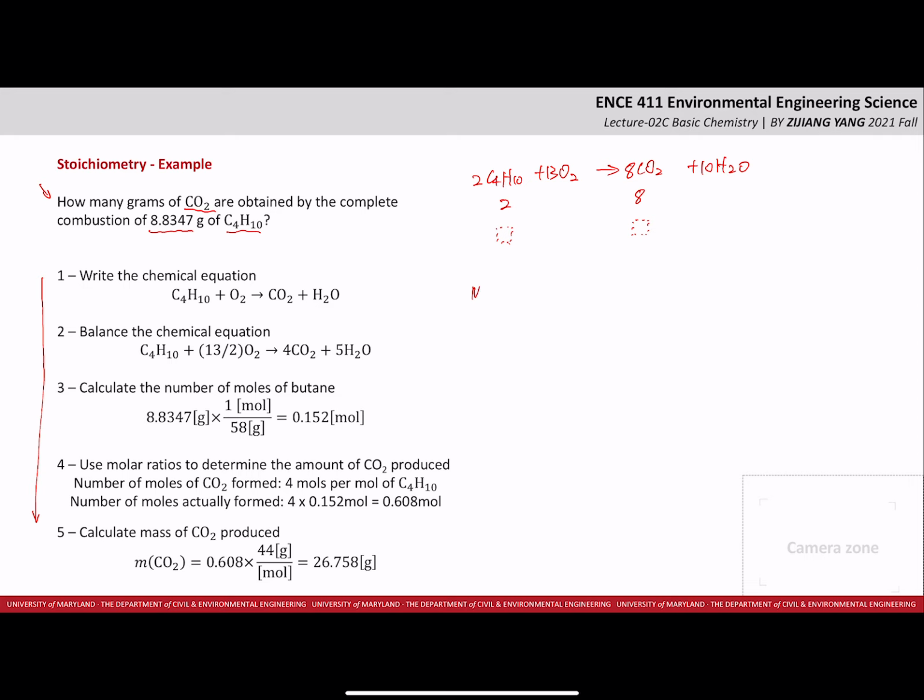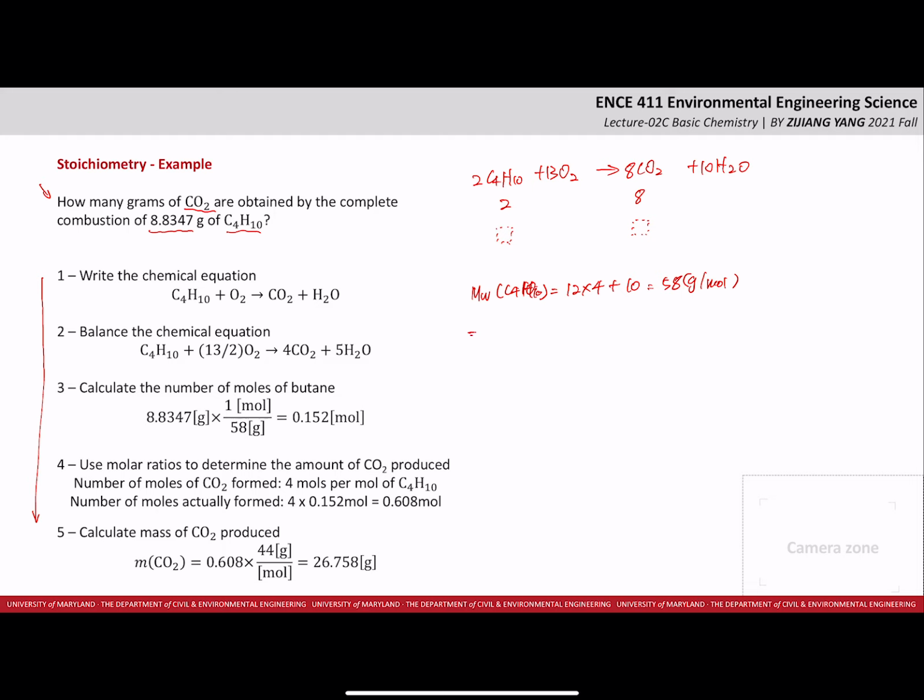So we know that the molecular weight of butane, C4H10, equals 12 times 4 plus 10. So the molecular weight of butane is 58 gram per mole.